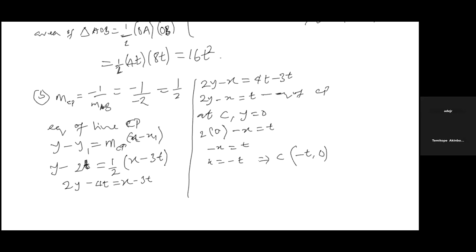Okay. So let's read the question again so that we don't lose track of what we are asked to do. The question says we should show that the midpoint of PC lies on the line y equals x. So that suggests that we should find the midpoint of line PC.